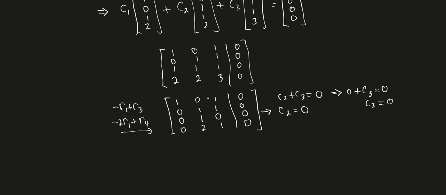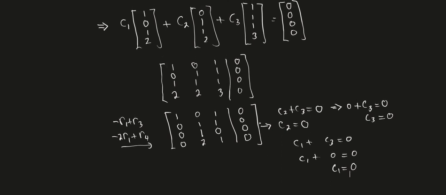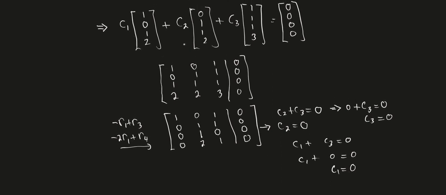And then if C3 is 0, I can go to my top equation, because this tells me that C1 plus C3 has to be equal to 0. But if C3 is 0, then C1 plus 0 is 0, so C1 is equal to 0. So what this shows is that the only way I can combine these three four-dimensional vectors to get the four-dimensional 0 vector is if all my constants are 0.